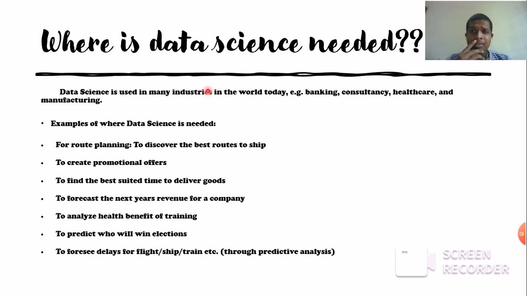Examples where data science is needed: route planning to discover the best routes to ship, to create promotional offers, to find the best suited time to deliver goods, to forecast the next year's revenue for a company, to analyze the health benefit of training, to predict who will win elections, to foresee delays for a flight, train or ship, etc., through predictive analysis.